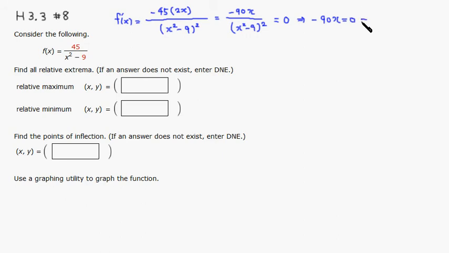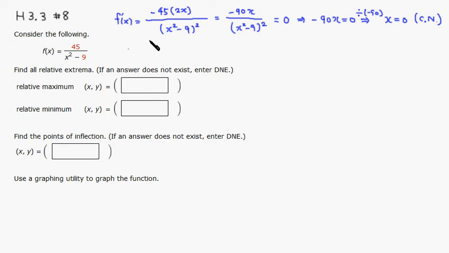Then obviously, you can divide through by negative 90 to get x equals 0. So that will be our critical number. Then we'll probably do a second derivative test. So you have only one critical number, and we still need to find points of inflection.